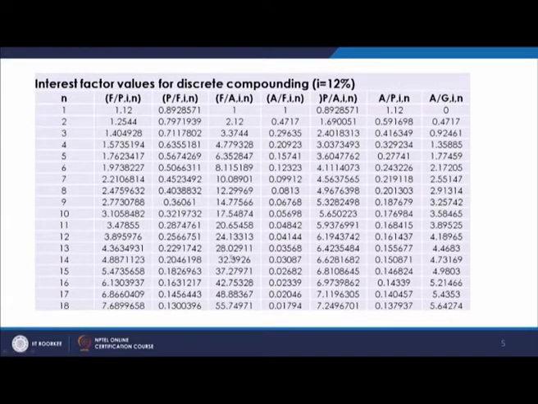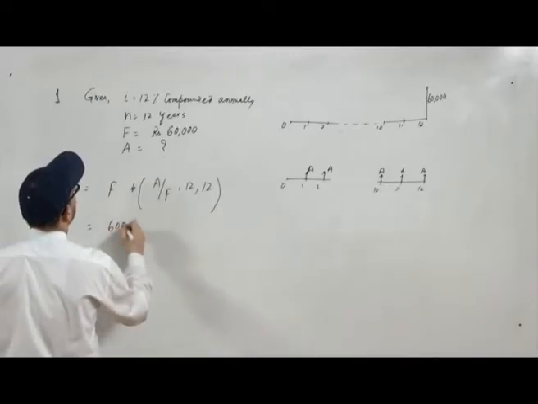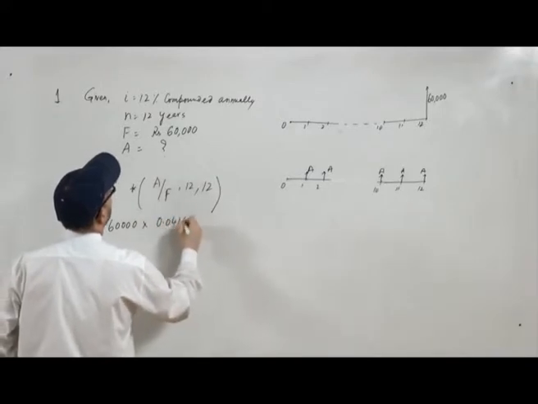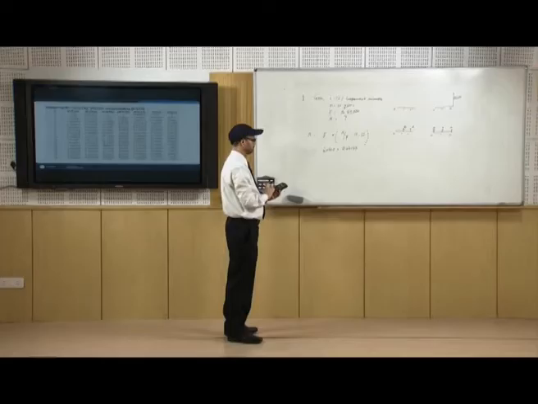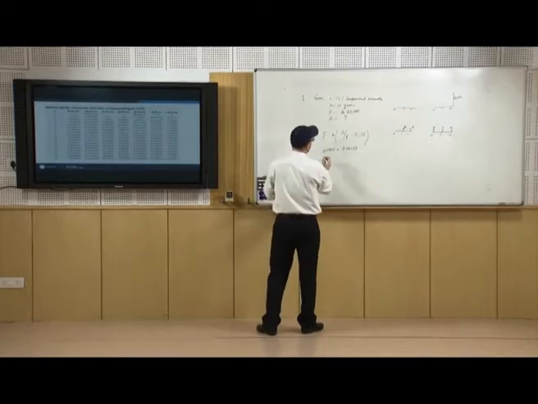So, 60,000 multiplied by 0.04144, and once you multiply this it comes out to be 2486.4.